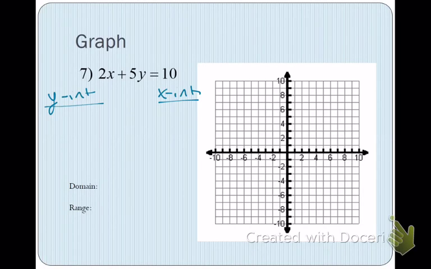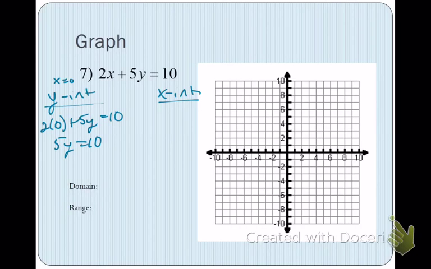What we just talked about, in order for a point to be a y-intercept, it has to be on the y-axis. In order for it to be on the y-axis, x has to be 0. So we're going to literally plug in 0 for x, because we know that's what it has to be. If we do that, we don't need that parentheses. 2 times 0 is 0. 0 plus 5y is 5y.